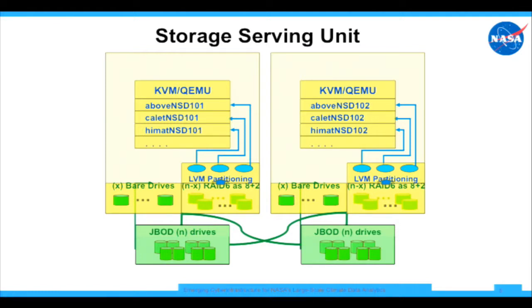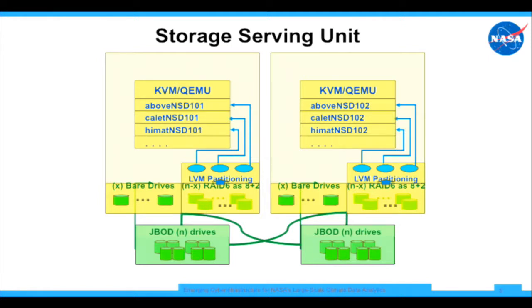The RAID 6s are then defined as LVM devices and passed up directly as block devices to these various NSD serving guests that we have out here. And so we have a pair of NSD servers for, say, the Above project, another pair for the Colette project, another pair for the HIMAT project.